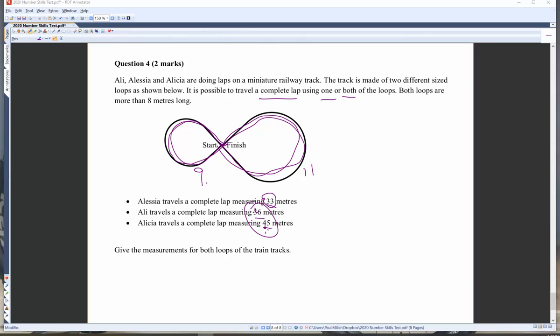So I'm just going to suggest that Ali and Alicia travel on this one here, and what they do is 9. She does 4 laps, because 9 4s are 36. She does 5 laps, and Alessia does 3 laps of the 11.